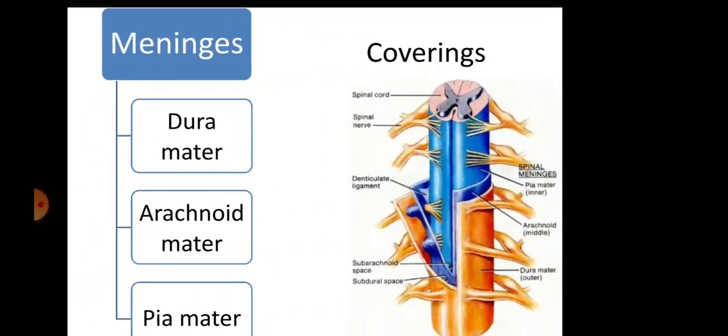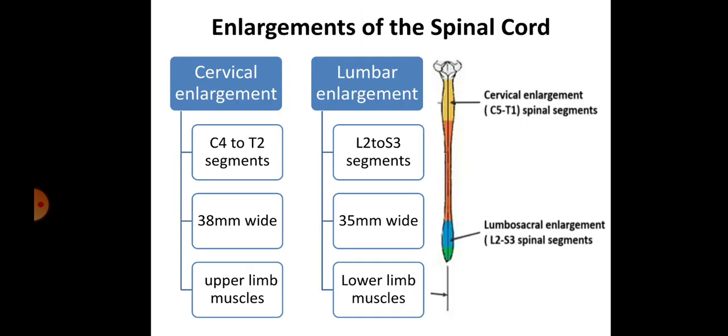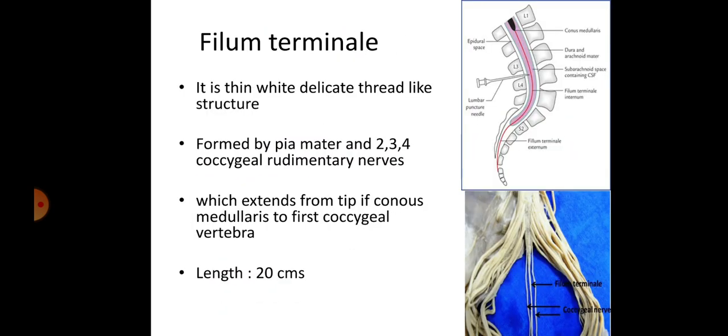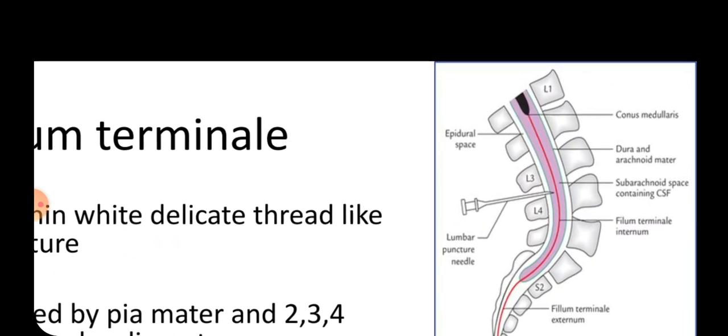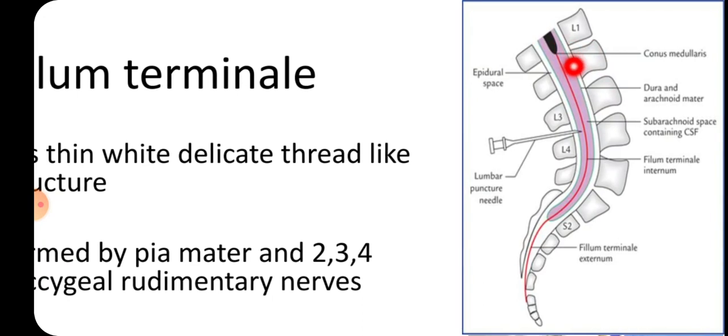When it reaches the lower end of the spinal cord, what is going to happen? It is attached to the conus medullaris. After that, it is converted into a thin filament of the pia mater.